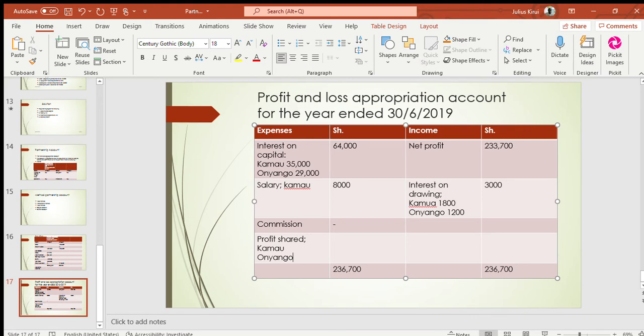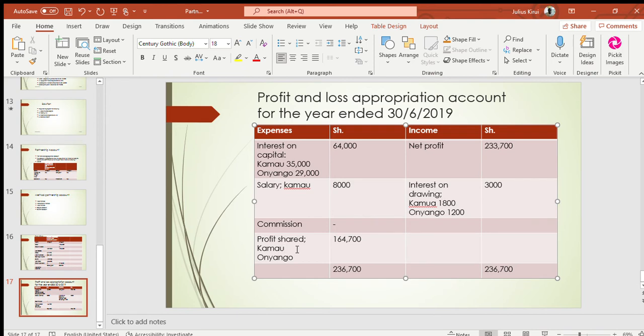What do you get? 164,700. Now can you share 164,700 in their profit sharing ratio? What is their profit sharing ratio? They are sharing equally, is it? So equally means you divide by 2.